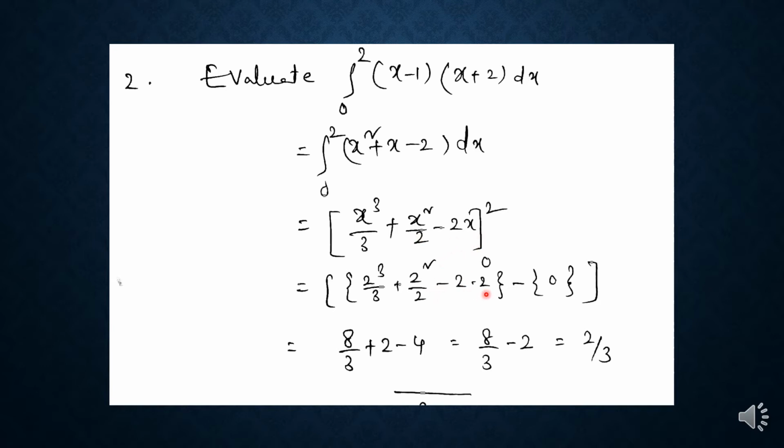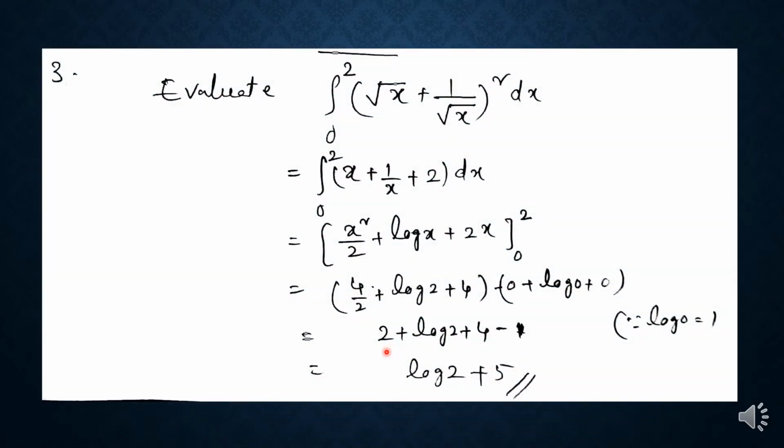Minus, now put x equal to 0 in the lower limit substitution; each term has x, so that becomes 0. So this is 8 by 3 plus 4 by 2, which is 2, minus 4, that is equal to 8 by 3 minus 2, which is equal to 2 by 3.